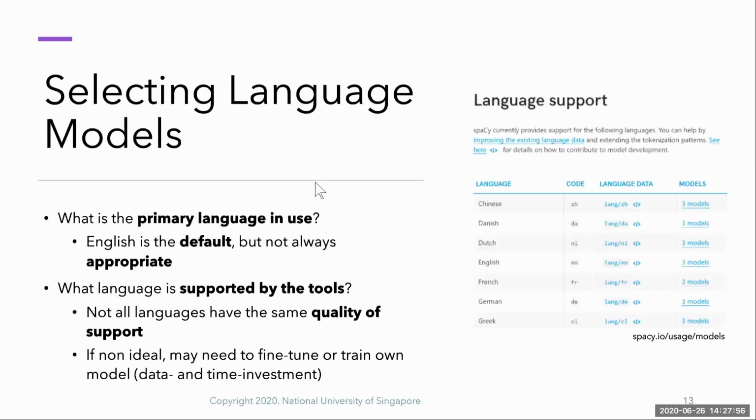Okay, so selecting a language model, we have to identify 2 basic questions. What is the primary language being used for your text? For example, the primary language of this slide is English, right? It may not always be. English is also the default that a lot of people assume, but it may not be appropriate.